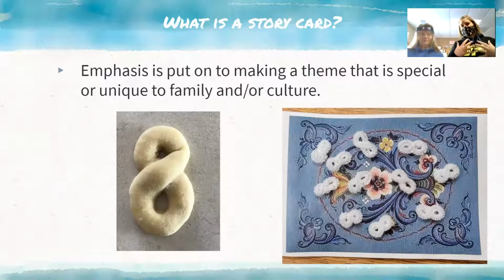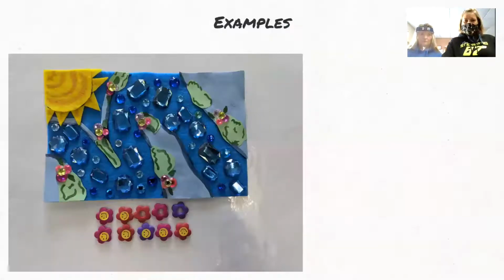If my child was doing this, it would be something they would consider special, because even though we're a bunch of Norwegians here in northwestern Minnesota, not a lot of people still make kringla. It's kind of a lost art. My children, my nieces and nephews love kringla and are so excited to come to my house. It's super special to us, so that's why I chose it.